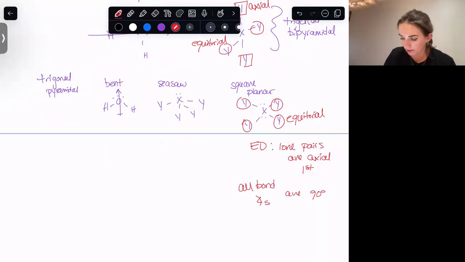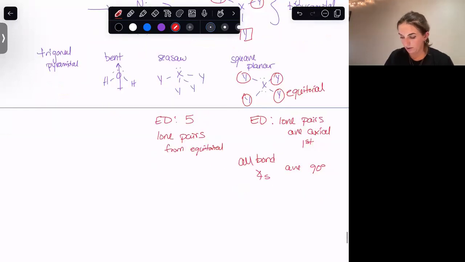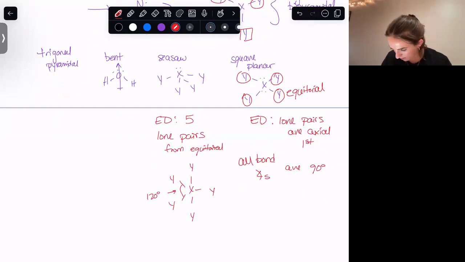For your electron domain of 5, your lone pairs are going to start off from the equatorial position, because in this case this bond angle here is 120 degrees, and this bond angle here is 90 degrees.